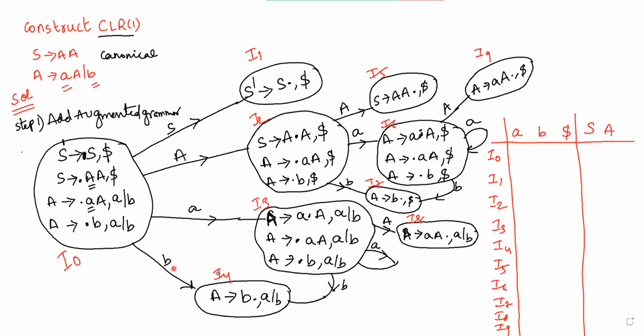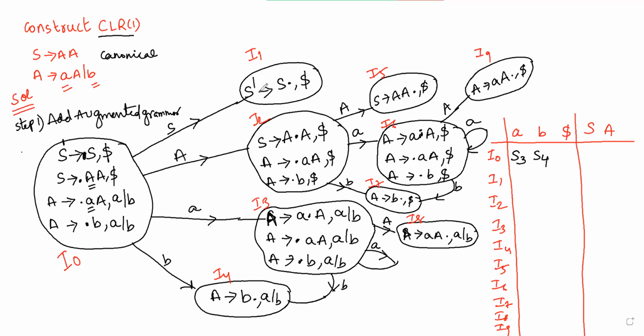I0 on small b goes to I4. Whenever there is a value, you write it as S3, where S3 is nothing but a shift. Yes, I0 on b goes to I4, so you write S4.